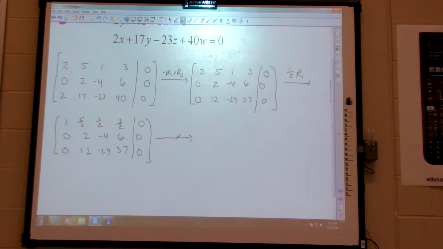Okay, now what? Okay, where would that be easiest? Middle. 1/2 R2.